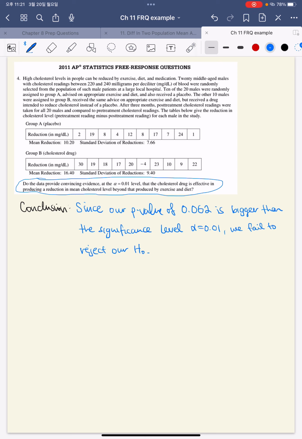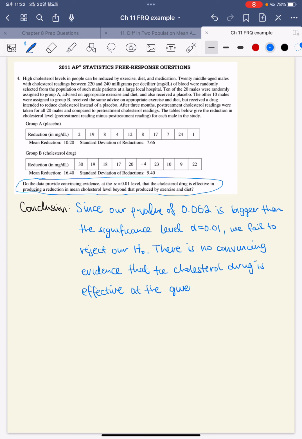So there is no convincing evidence that the cholesterol drug is effective. So we actually have to write that. There is no convincing evidence that the cholesterol drug is effective in the given situation. I'm just writing that because I don't want to write the whole thing.